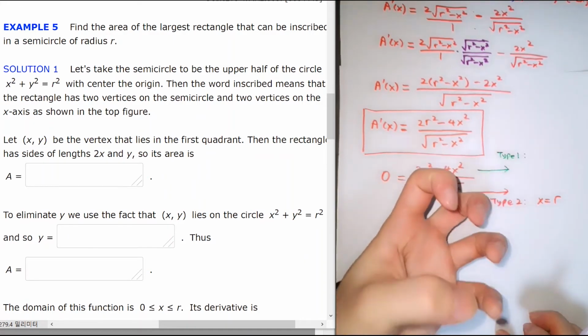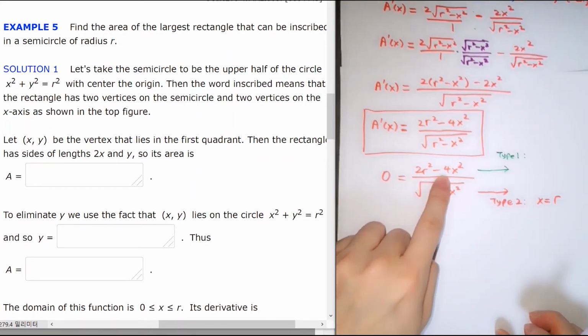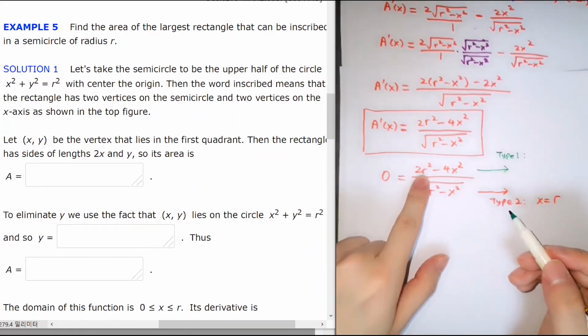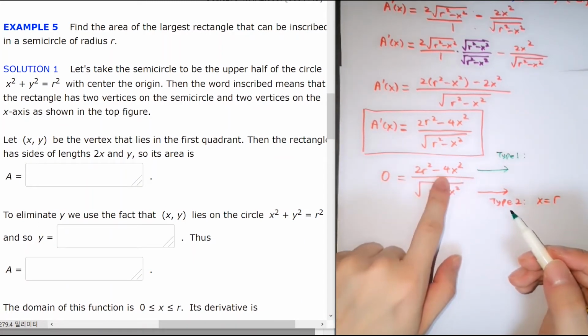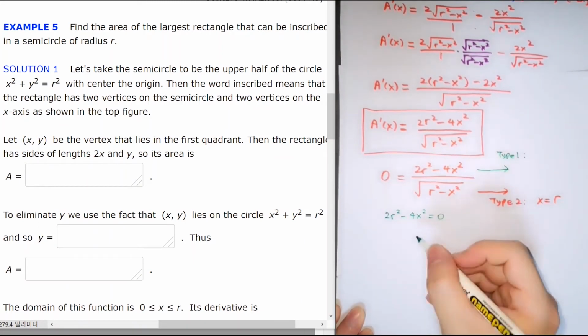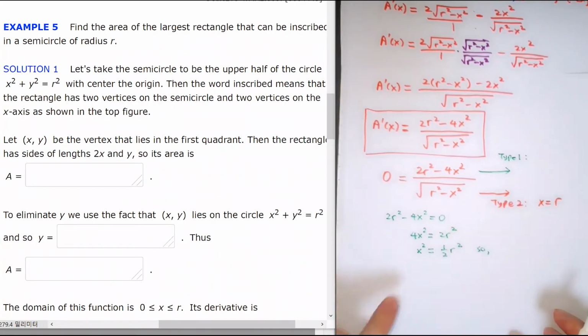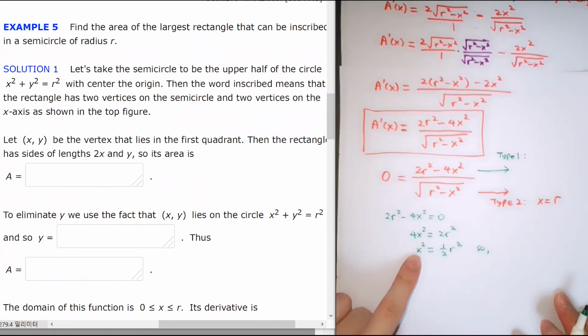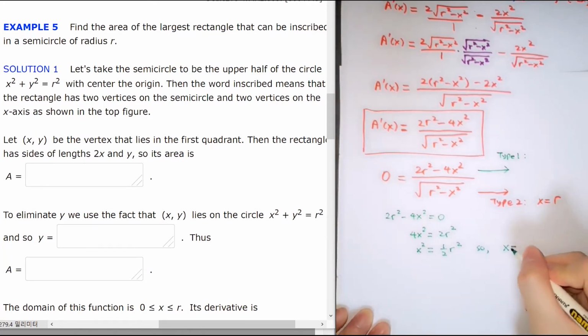But I'm more interested in finding the type 1. We just have to solve for the numerator equal to 0, like this. Do you understand, everyone, so far? X squared equal to 1/2 r squared, and then you square root both sides.